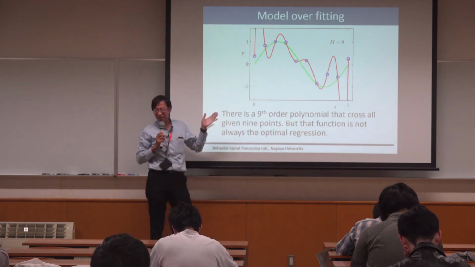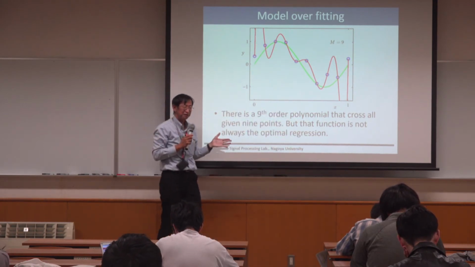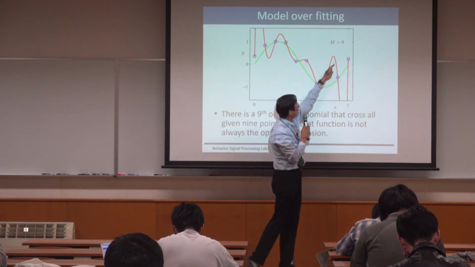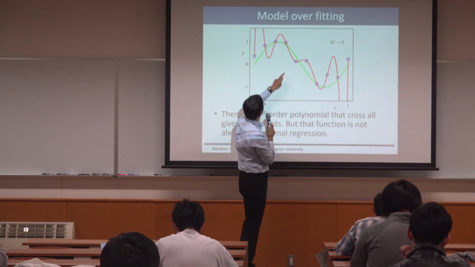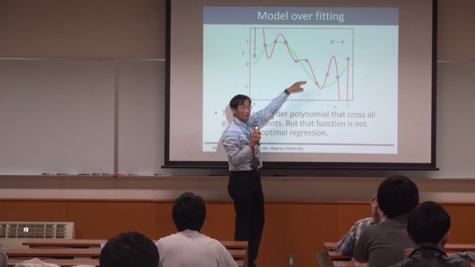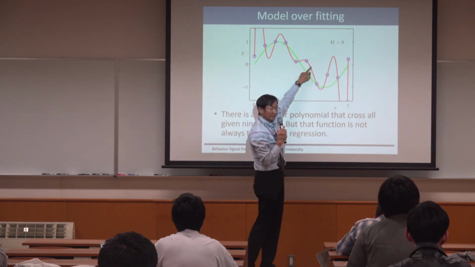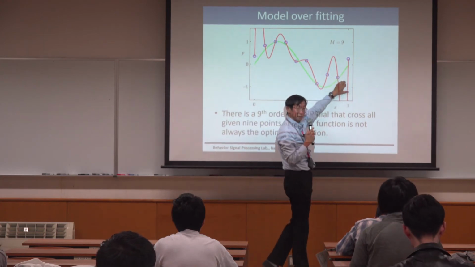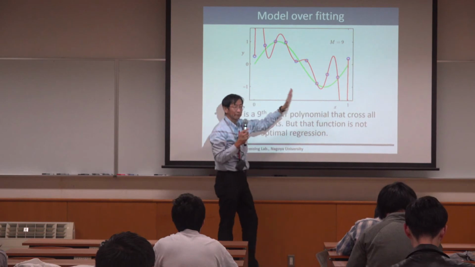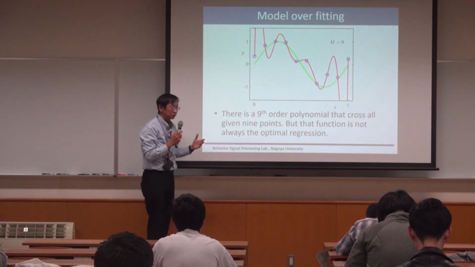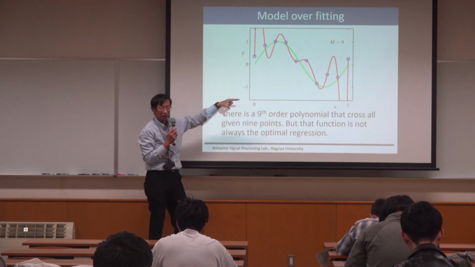So is that a good guess? No one says it is. Because there's a big error here, big error here, big error here. So when you observe this point, then the error is like this. When you observe this point, the error is huge. So this is really the problem of overfitting. This overtunes to the particular observation data.